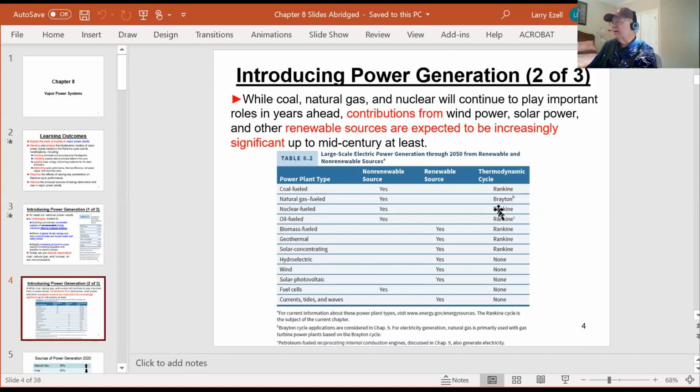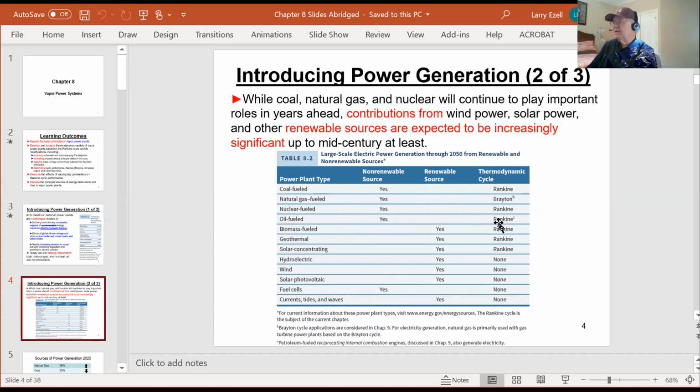The type of thermodynamic cycles we use to generate our power is interesting. Coal fuel, Rankine cycle; natural gas, the Brayton cycle, which we'll study in Chapter 10. Nuclear fuel is a Rankine cycle, oil fuel is a Rankine cycle, biomass is a Rankine cycle, geothermal, solar.